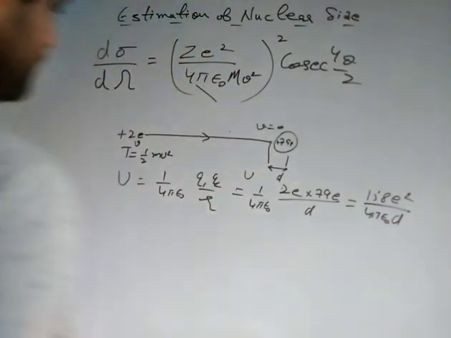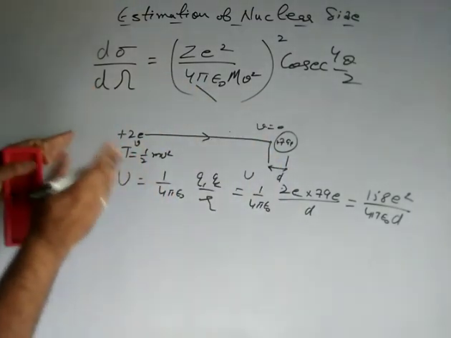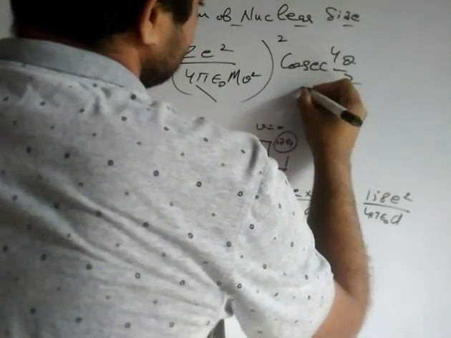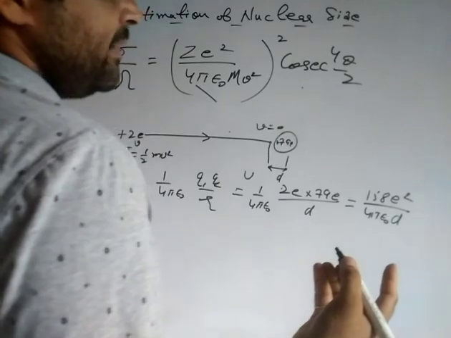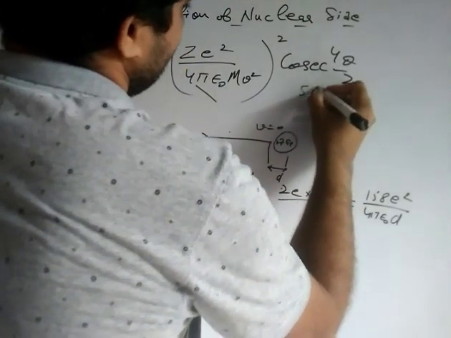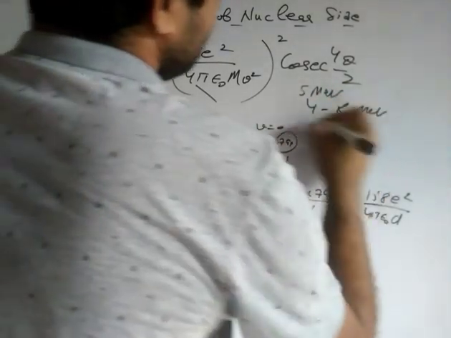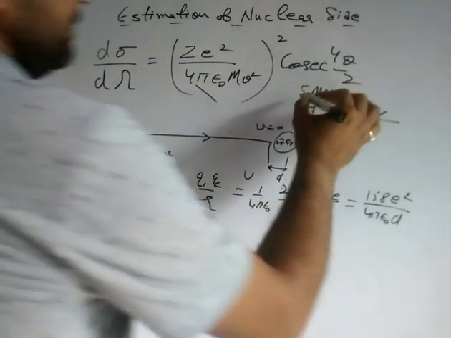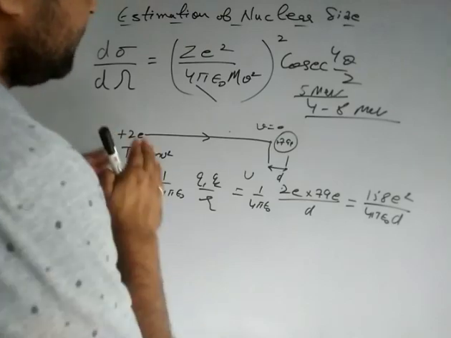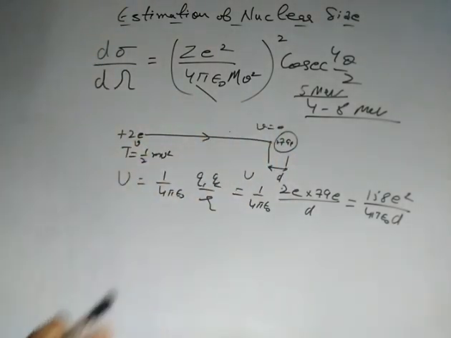Now when an alpha particle comes out from a natural radioactive nucleus, it has kinetic energy of the order of 5 mega electron volt. Basically, it has kinetic energy of the order of 4 to 8 mega electron volt. So I am taking 5 mega electron volt for my calculations as the kinetic energy of this alpha particle when it is coming from this radioactive nucleus, which may be bismuth or any other radioactive material.